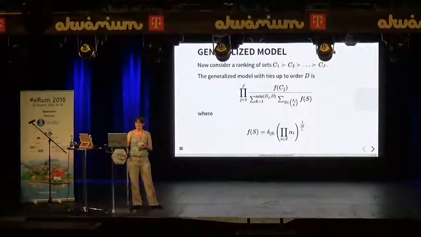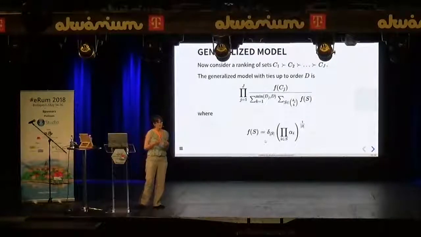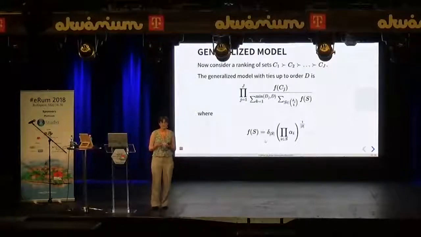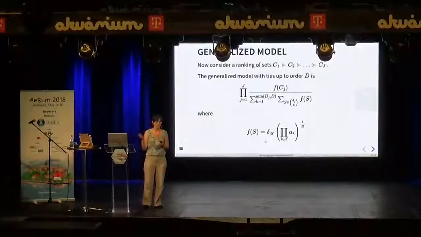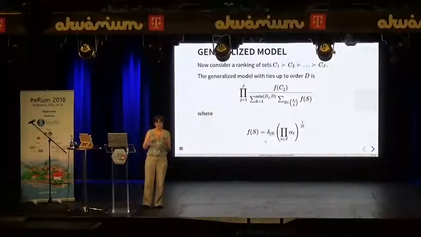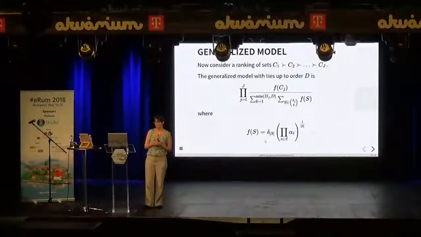And there's a new parameter that comes in here, the delta parameter, and that's related to how often we see ties of this order. And we only consider up to the maximum order that we see. So if we only ever see ties of two items, we only consider the possibility of having two items.